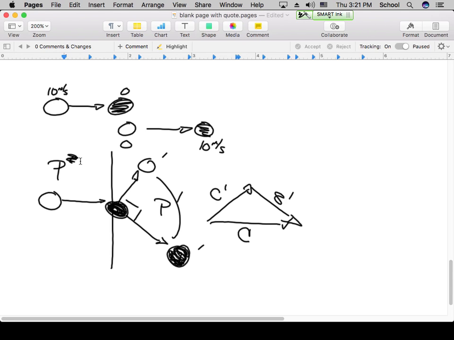Does that make sense? Okay, so the total momentum before still equals the total momentum afterwards. Now, what fits on here is not the velocities, but the momentums, because momentum is what is conserved.